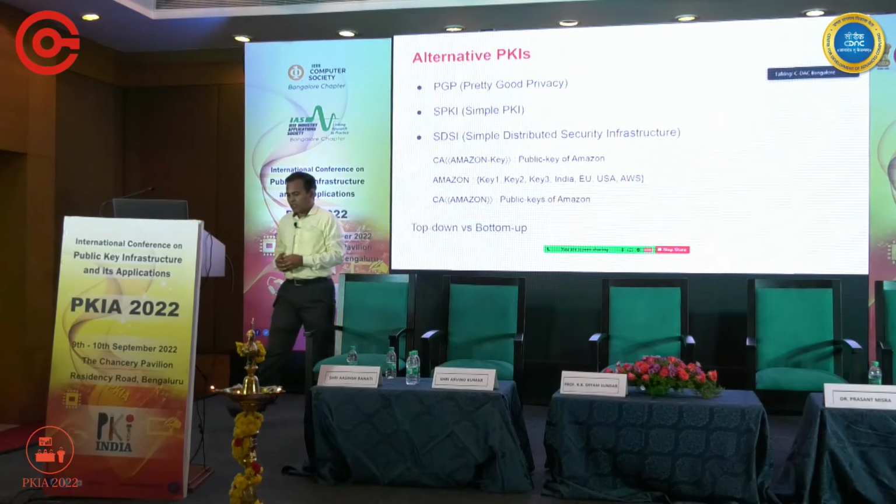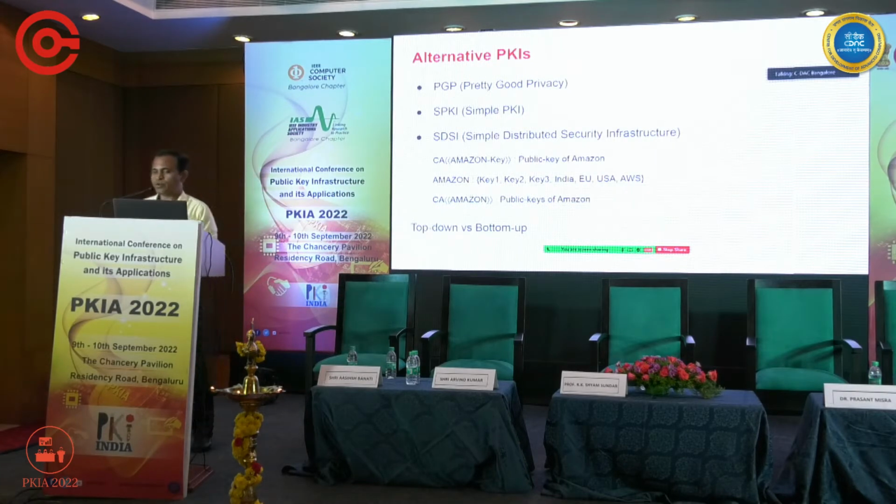So that way SPKI allows you to issue certificates which are valid for a long time, because you have issued the certificate to a string, and that evaluation has to be done when you are using the certificate. So this way you save yourself from revocation. Someone else does the revocation. Whoever owns this string Amazon is responsible to do the revocation, and the certificates can stay for a longer duration.